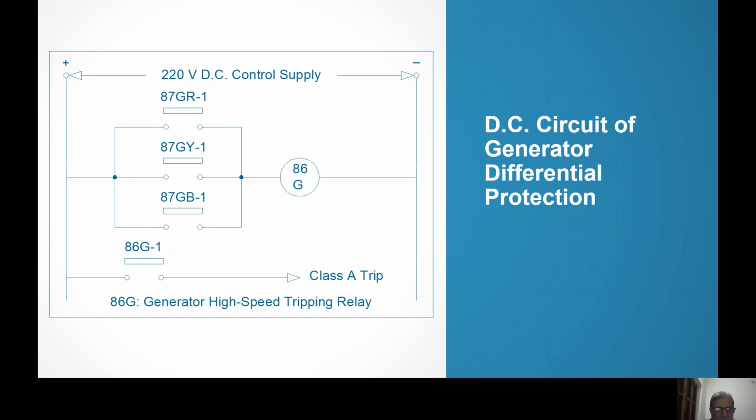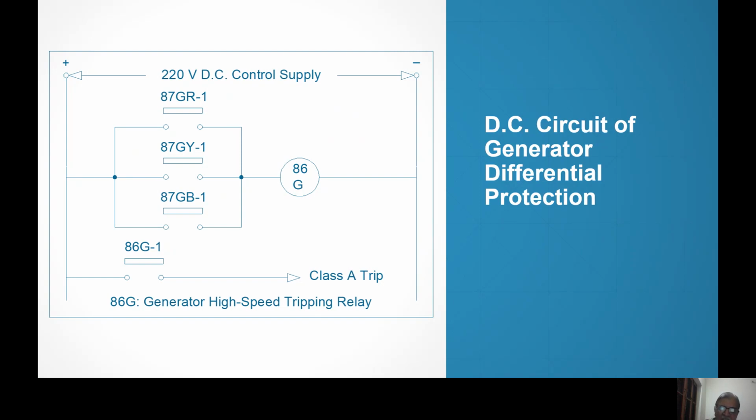So 86 G1 will operate and Class A trip will be initiated. 48 events will occur. The complete unit will come to a halt. It is a Class A trip, instantaneously within a cycle or two, very fast, because it's a very dangerous fault. A generator differential internal fault within the generator is very dangerous.